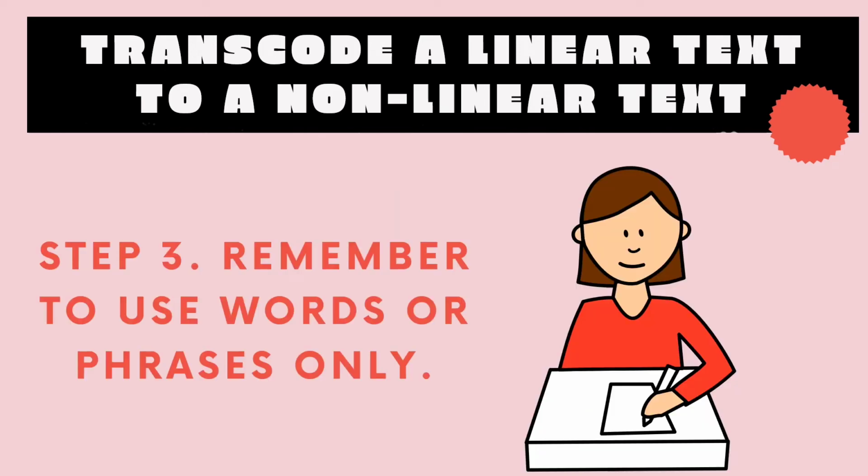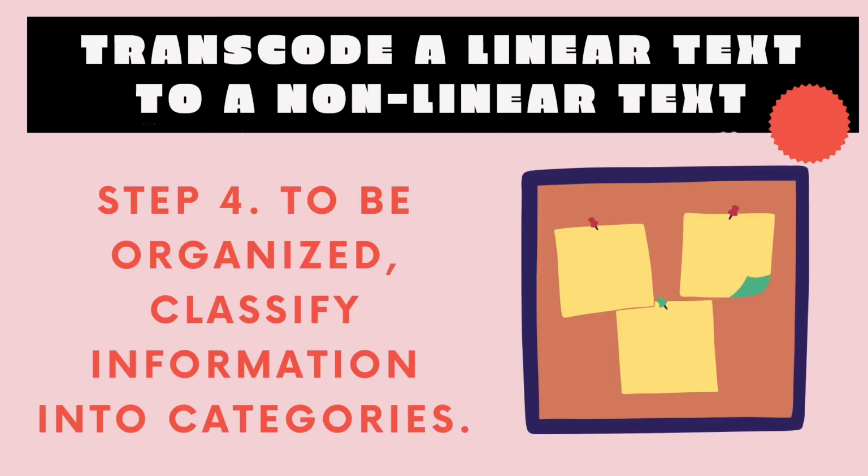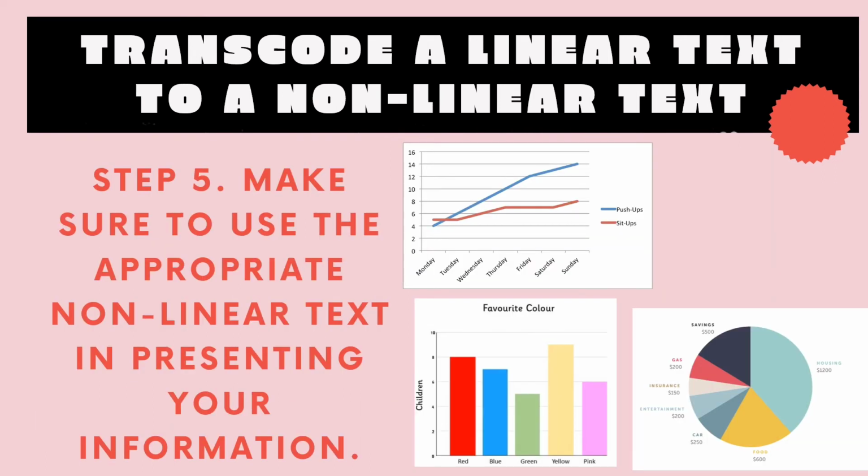Step 3. Remember to use words or phrases only. Step 4. To be organized, classify information into categories. Lastly, make sure to use the appropriate nonlinear text in presenting your information.